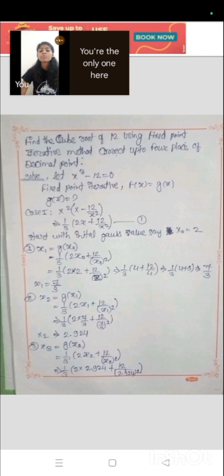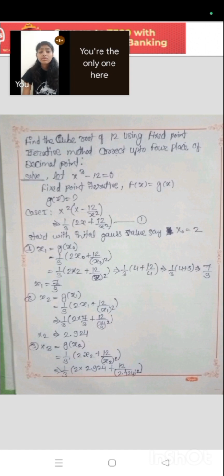We start with the initial guess value x0 is equal to 2. We put this initial guess in the iteration. Iteration 1: x1 is equal to g of x0, which is 1 by 3 into 2 into x0 plus 12 by x0 square. Putting x0 is equal to 2, we get 1 by 3 into 2 into 2 plus 12 upon 2 square.